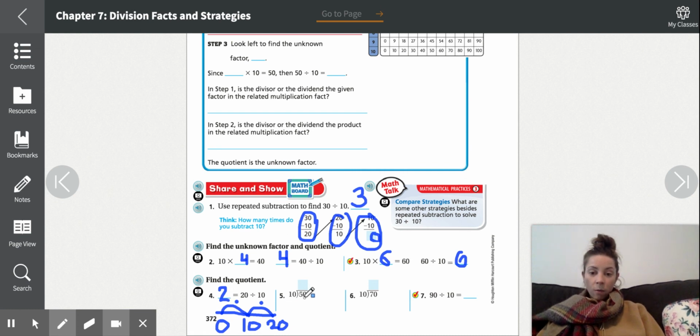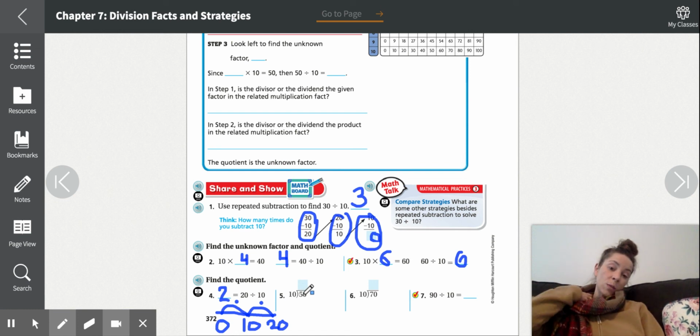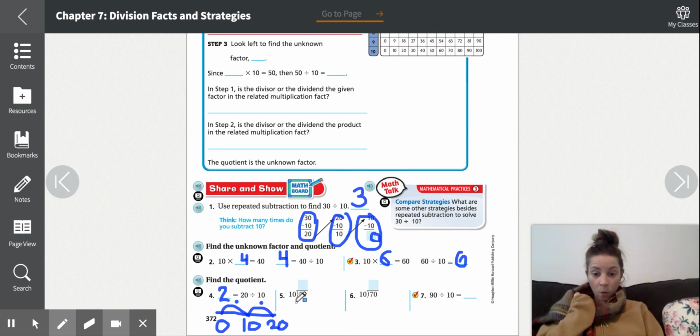Okay, this one, remember we start on the inside when we're reading the division equation. So 50, then go outside, divided by 10 equals what? Again, I can think of it as multiplication this time. What do I multiply by 10 to get 50? Well, 10 times 5 equals 50.